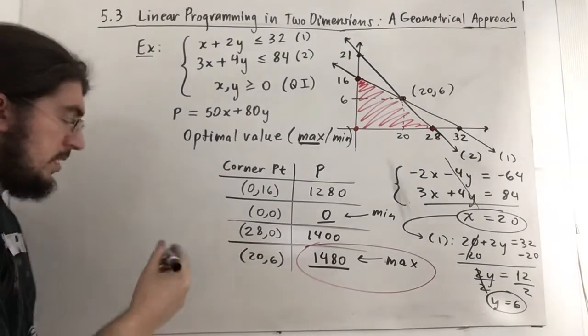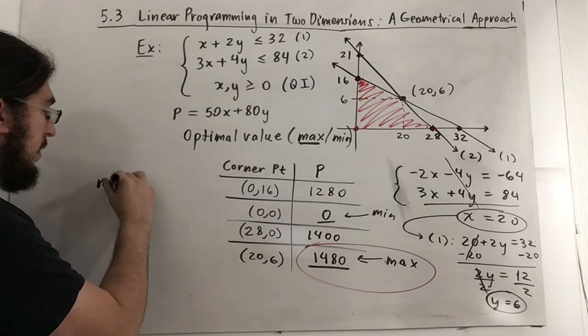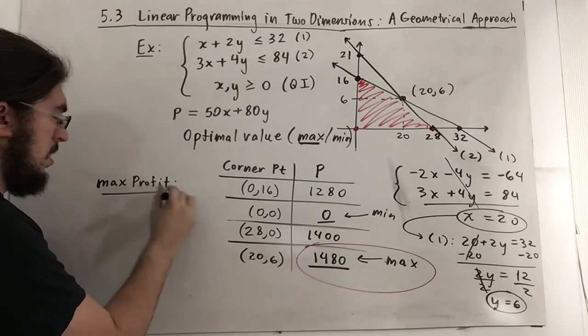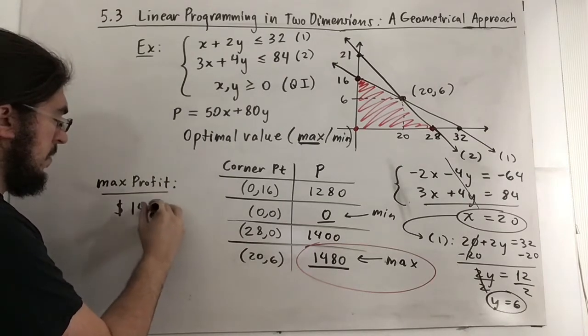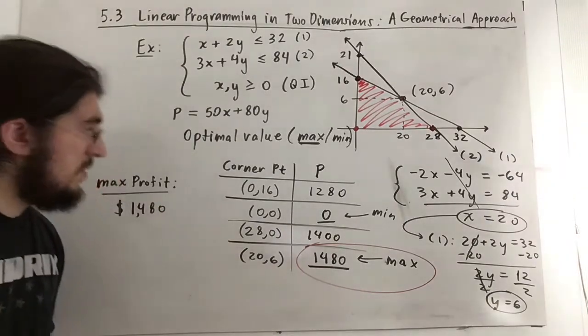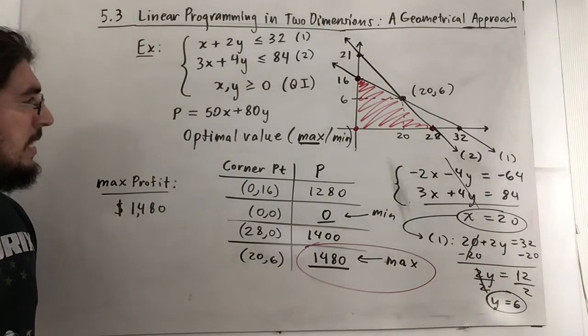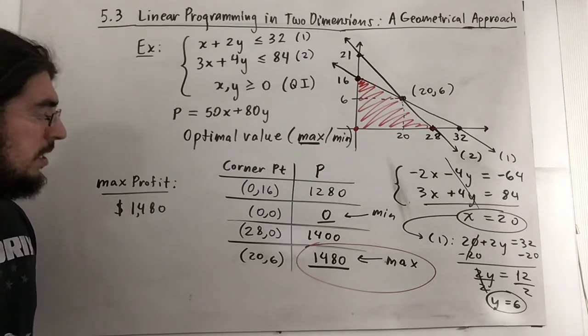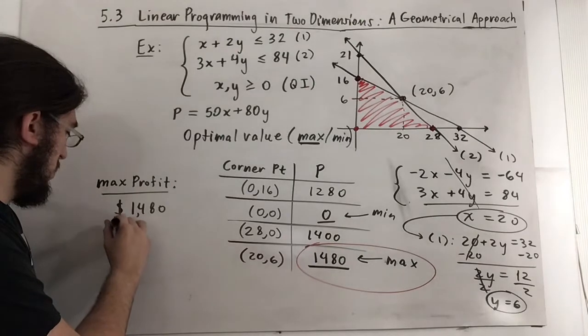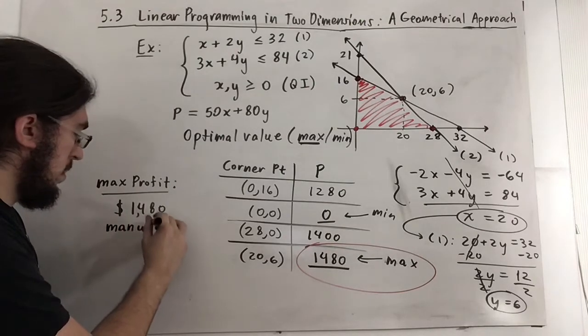So to summarize things, our max profit is $1,480, and that happens when you manufacture a certain number of models.